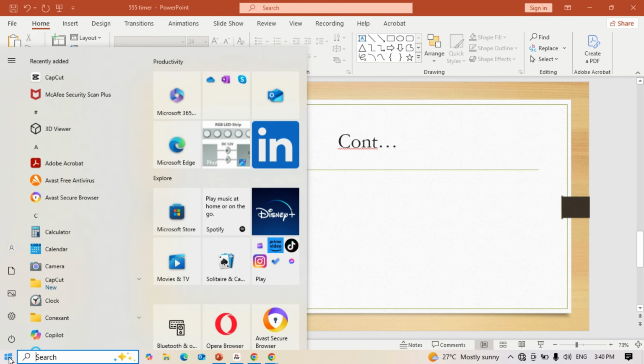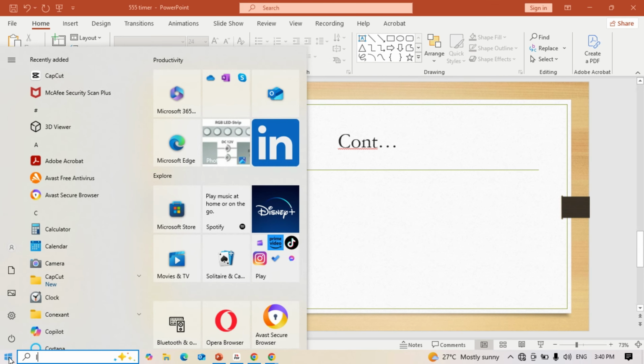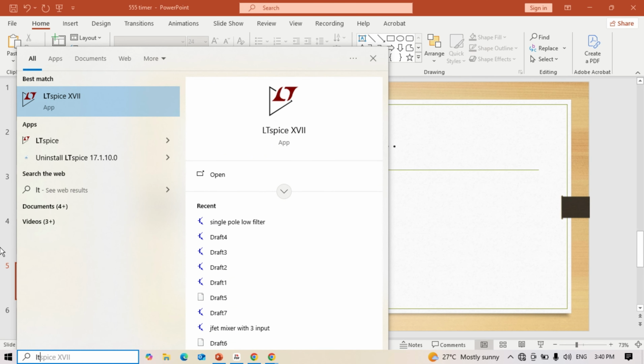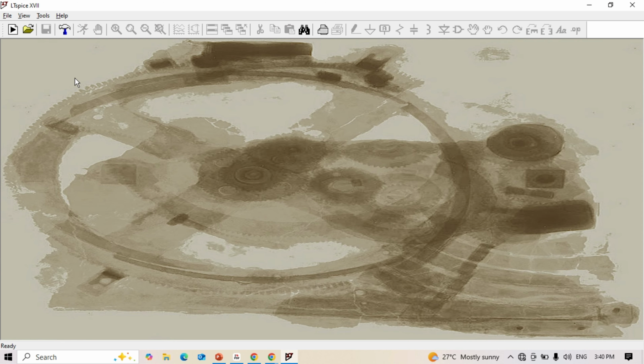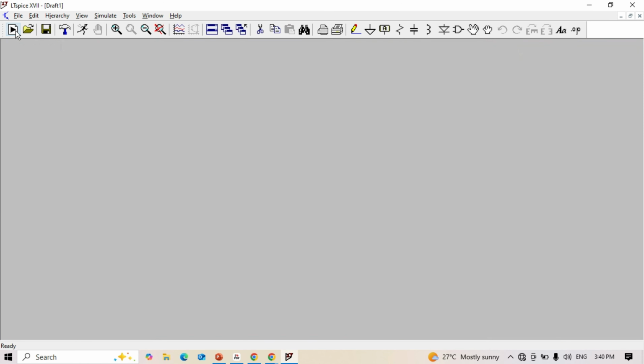So let me go to my computer, to what I've said, LTspice. LTspice is something like this, and we can use LTspice 8. To find the components, I can click here, component there.